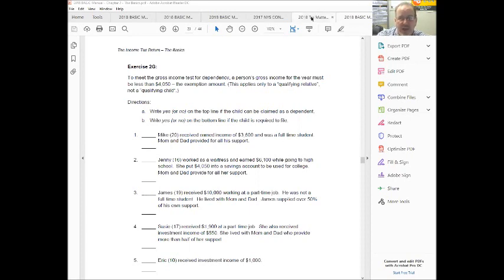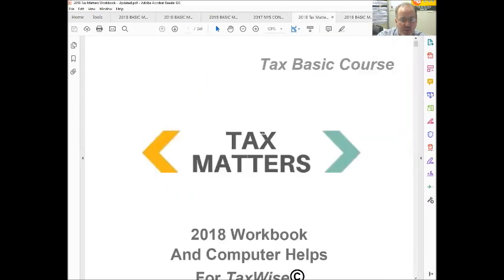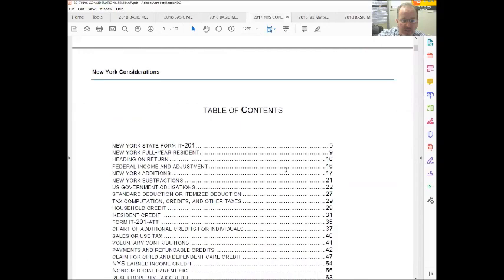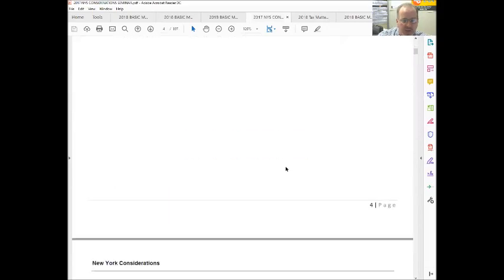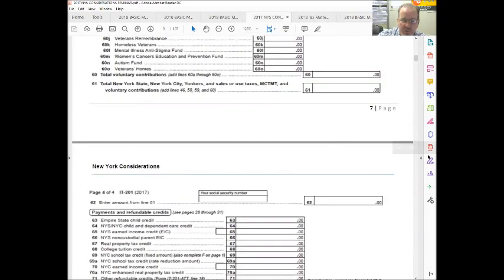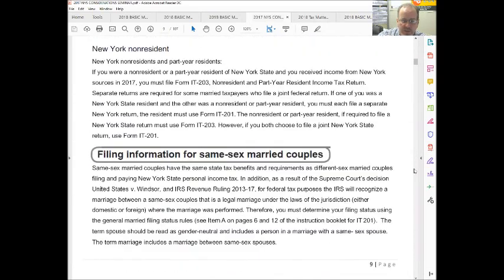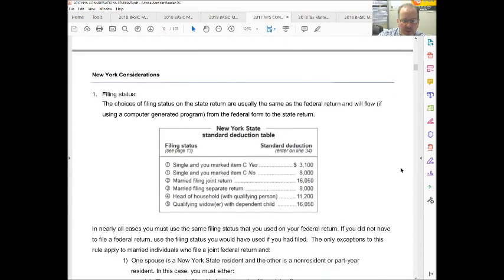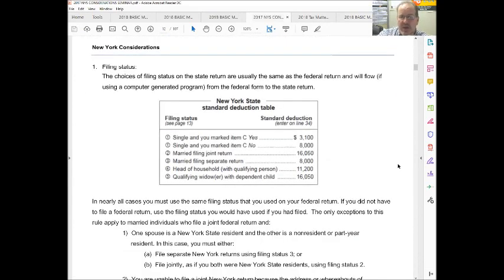The reason being, let me go over here to my New York State considerations, that little other book that you have in there. If you take a look at the standard deductions on the screen, you can see that the filing threshold for somebody like that is pretty low.